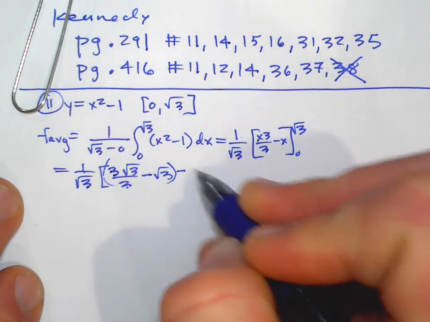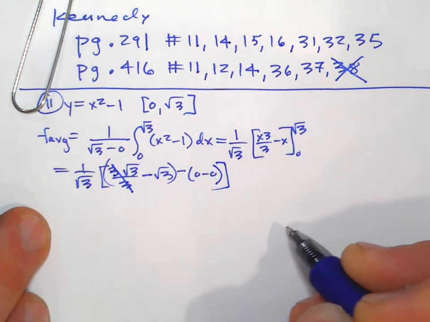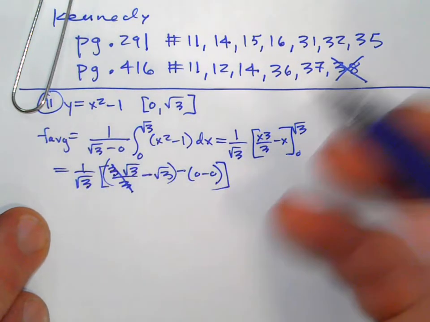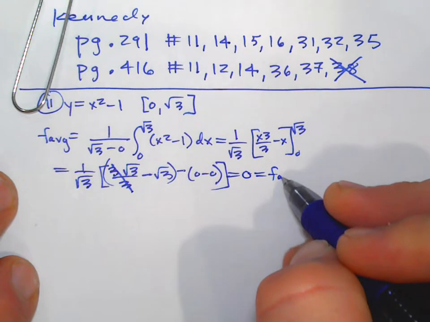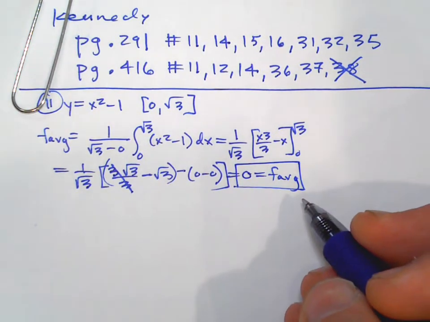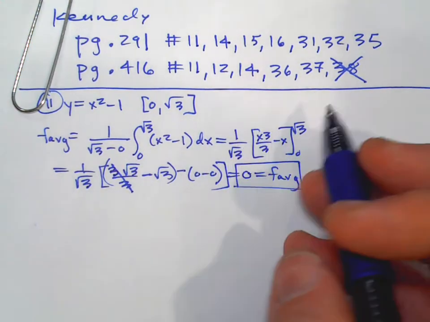Simplifying as I go. Minus 0 minus 0. So, wow, it's going to be 0 because root 3 minus root 3 is 0. The average value is 0. Interesting. Now we should have at least one place where the actual value equals the average value.